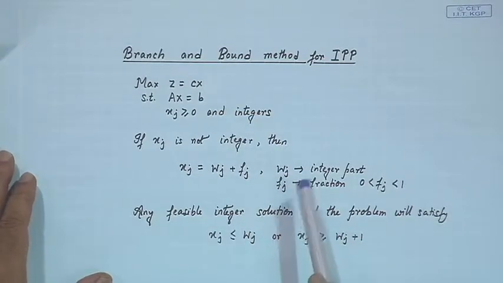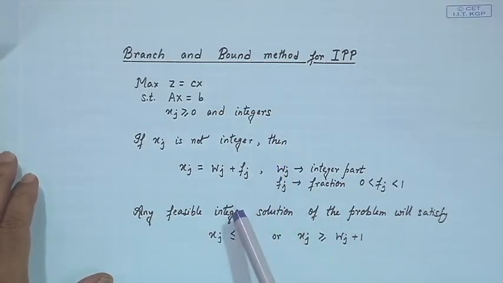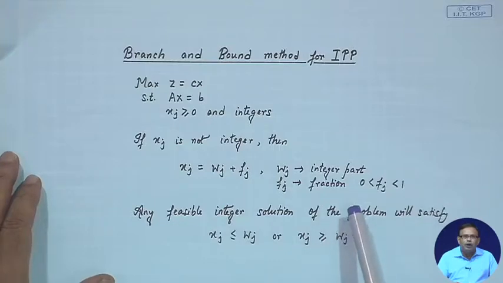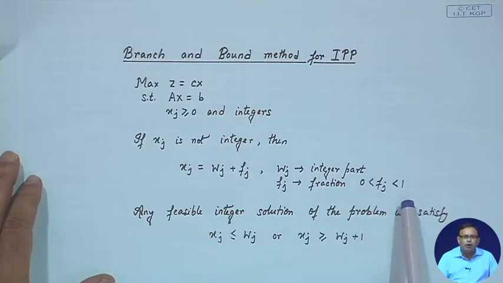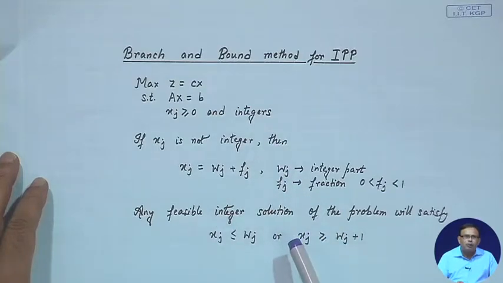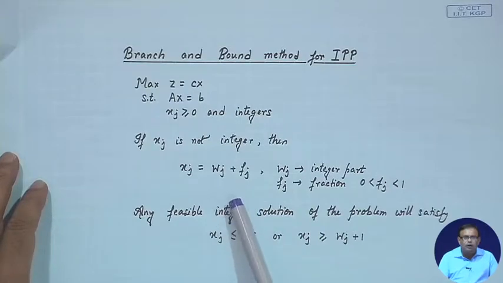Now, if x j is not an integer, I can write x j equals w j plus f j, where w j is the integer part and f j is the fractional part, where f j lies between 0 and 1, obviously.